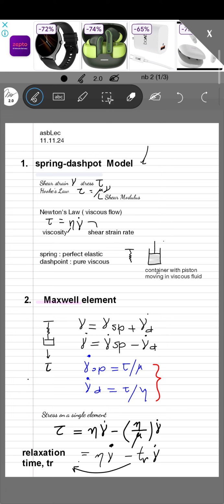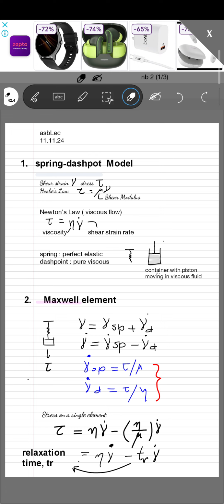the Spring Dashpot model. So as we all know, the shear strain and the shear stress are linked by Hooke's law, from where we get the shear modulus. Now, compared to this, in fluid mechanics there is a law called Newton's law.